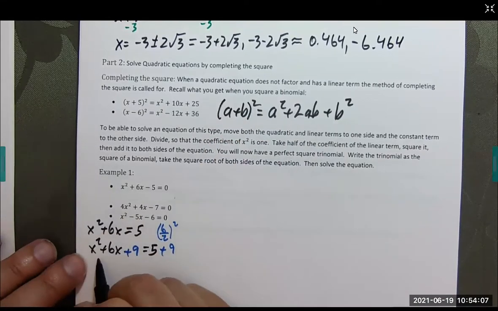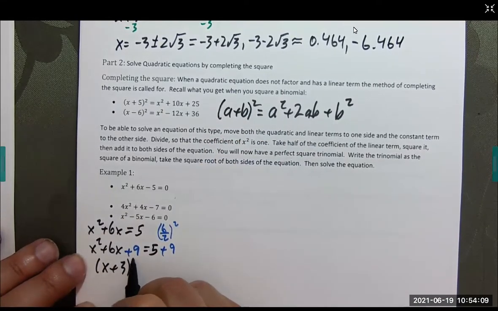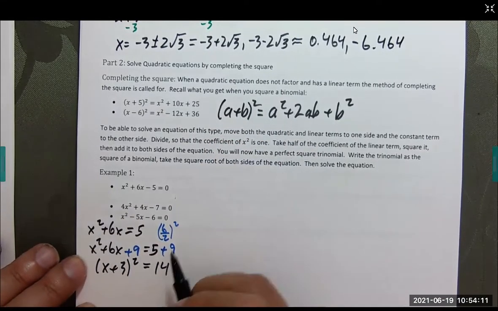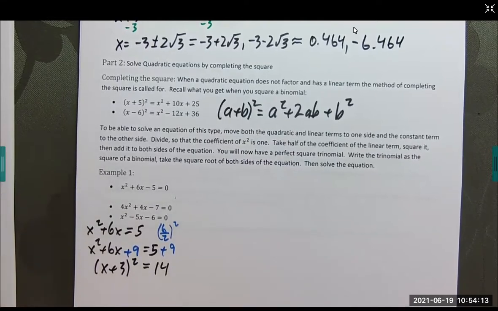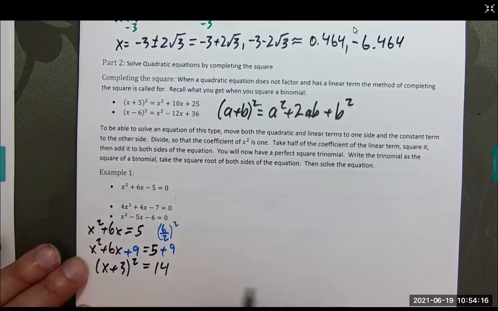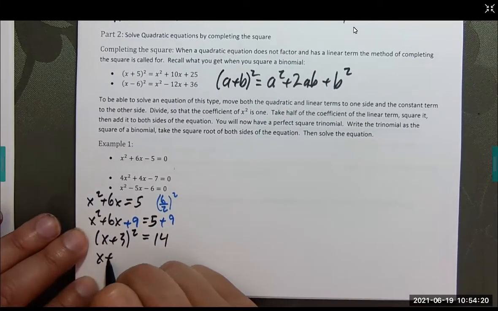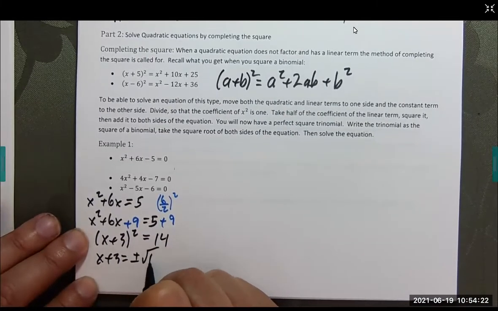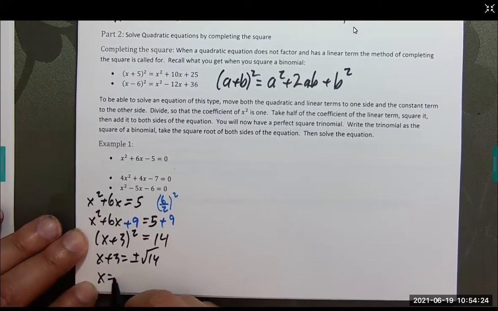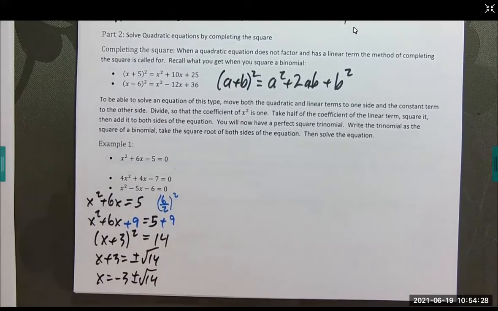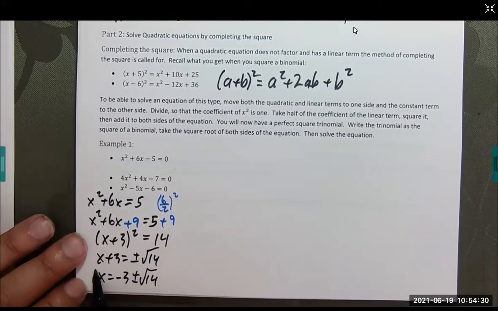This is going to look like this. So this gives me x plus 3 equals plus or minus root 14, which means x equals negative 3 plus or minus root 14. So there's the answer for the first one.